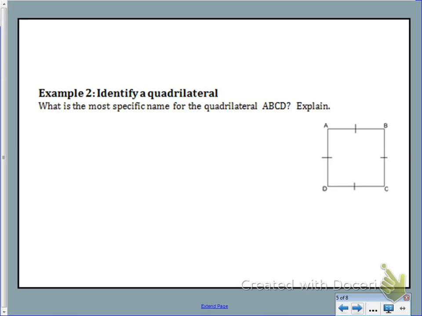So the only evidence we have about this shape is it has these four equal sides. And the only kind of shape that we could say this is that it's a rhombus. So even though it looks like it's a square, we don't have any evidence of four equal angles or four right angles for that matter, or even one single right angle would be enough to show it's a square. So since we don't have that evidence, we can't show that.